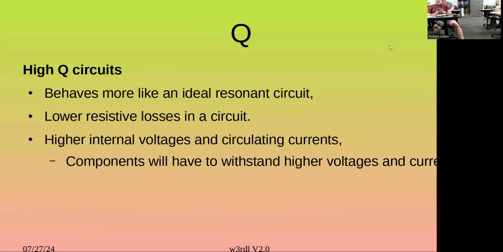Like I said before, the higher the Q, the more it behaves like an ideal circuit. Basically, the narrower the bandwidth that it'll be resonant at, and the higher the internal voltages and currents can be. They can get extremely high the higher the Q of the circuit is, because you have very little dissipative resistance.